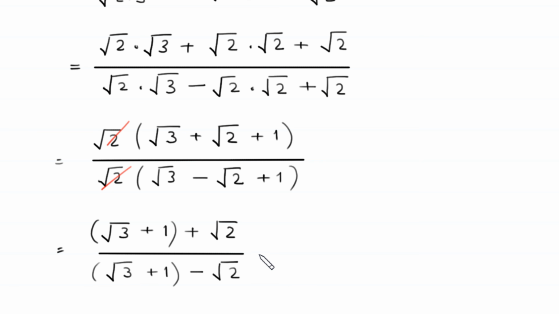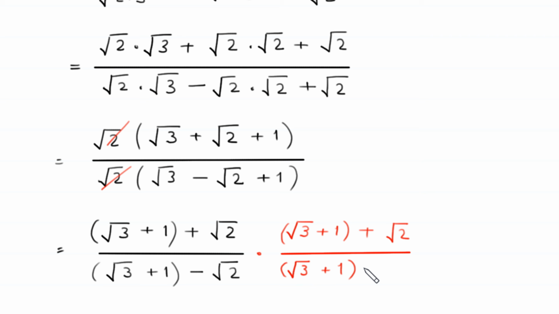So we multiply and divide this expression by the conjugate of this denominator, that is square root of 3 plus 1 plus square root of 2. We change this sign.